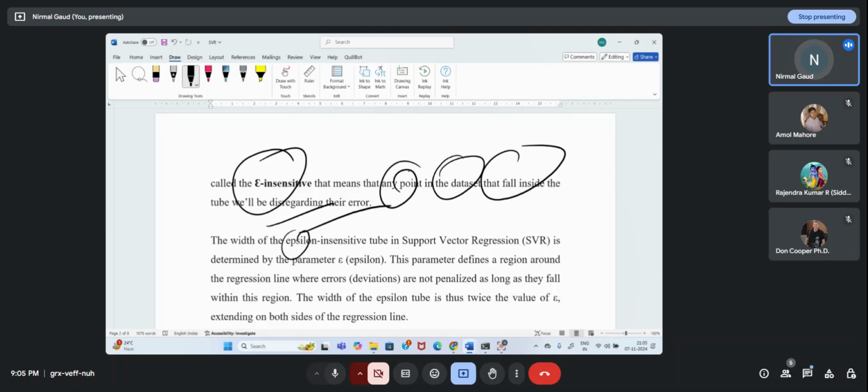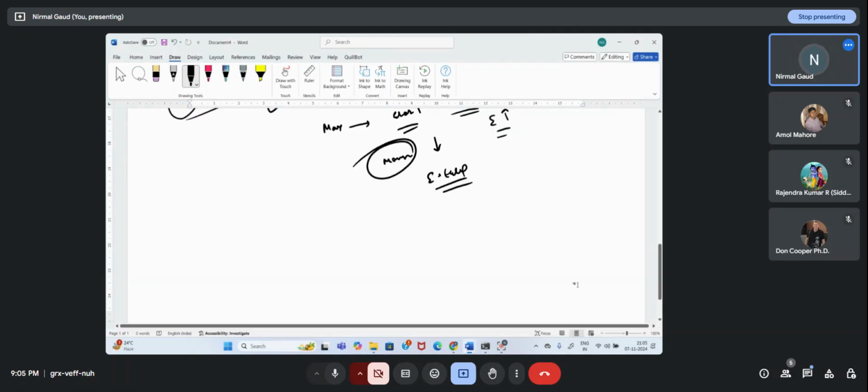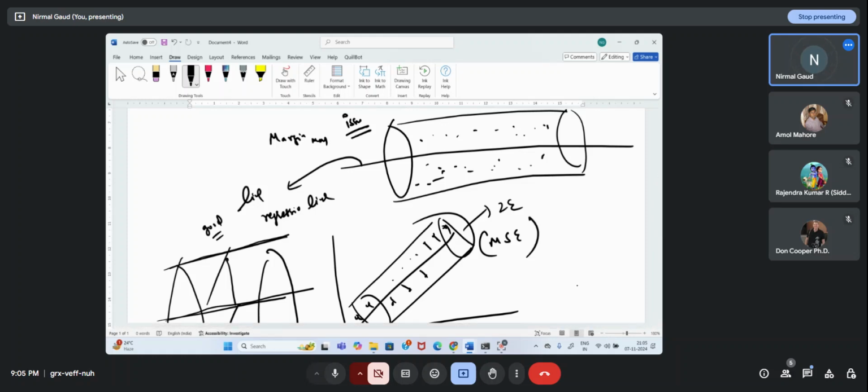The width of the epsilon insensitive tube is determined by the parameter epsilon. This parameter defines a region around the regression line where errors, deviations, are not penalized. All the points present inside the tube are error free. Something outside the tube, then we have error. Got it.